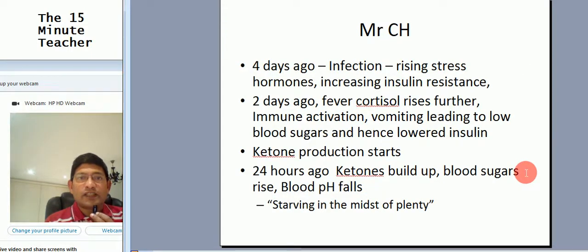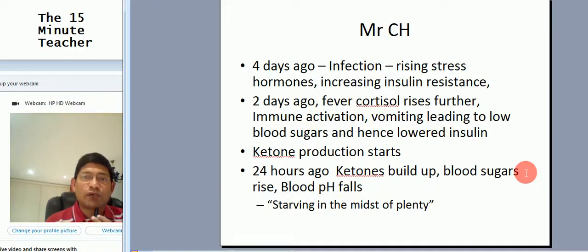Mr. CH 4 days ago developed an infection, which is why he started noticing rising blood sugars due to increasing stress hormones and insulin resistance. 2 days prior to admission, his cortisol levels rose even further.